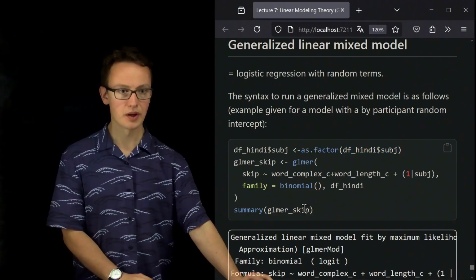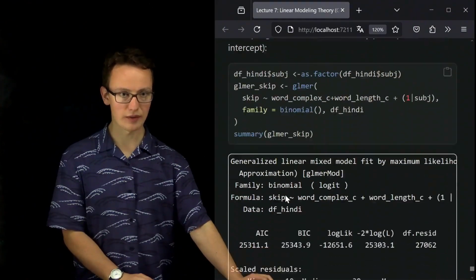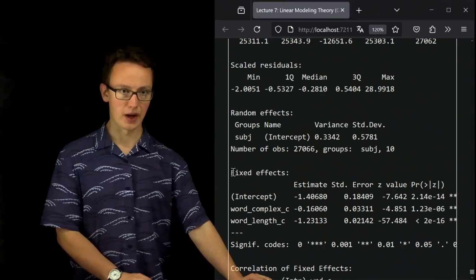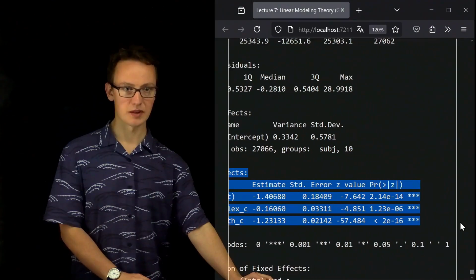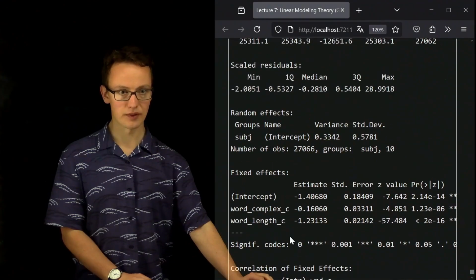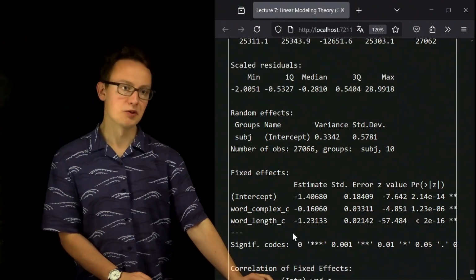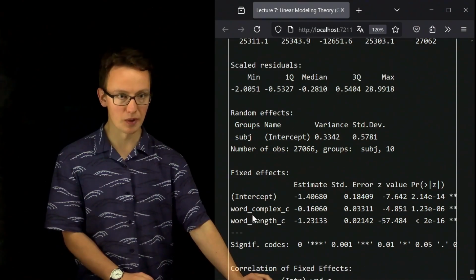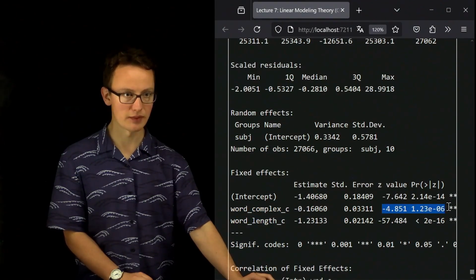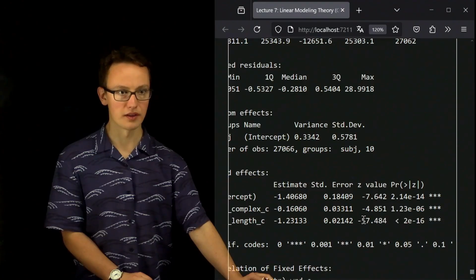All right, so we can look at the summary of this mixed model, and here we have our output for the fixed effects, what we are most interested in probably. We can read different things from this summary, most notably that both the word complexity and the word length each seem to have significant effects on the skipping probability.